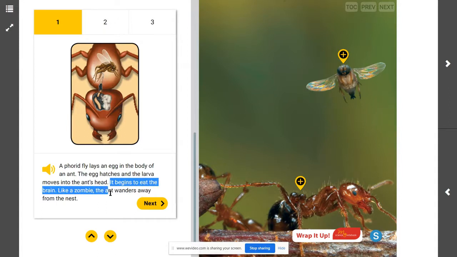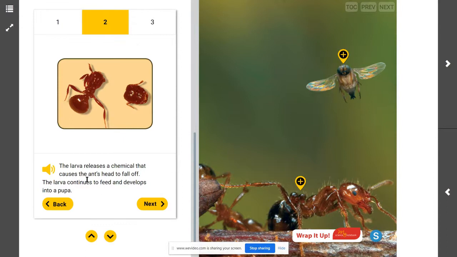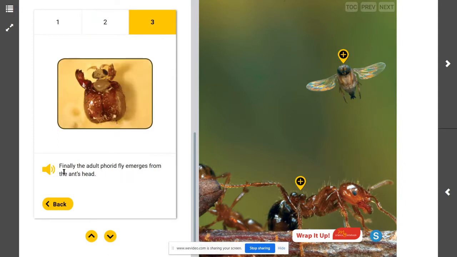Like a zombie, the ant wanders away from the nest. The larva releases a chemical that causes the ant's head to fall off. The larva continues to feed and develops into a pupa. Finally, the adult phorid fly emerges from the ant's head.